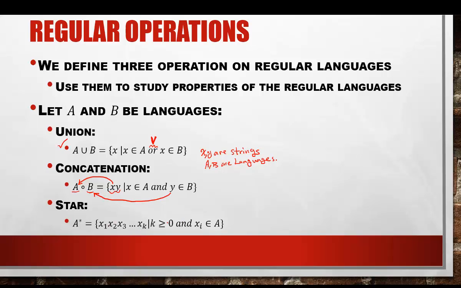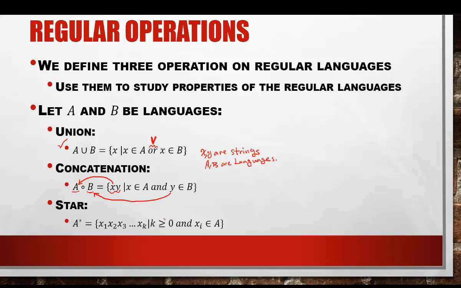If you pick k as 1, it's every single string in your set. If you pick k as 2, it's every 2 strings concatenated in your language. If you have k equal 3, then every 3 strings in your original language concatenated. And it goes to infinity, which means that you concatenate every string with every other string in any kind of combination to create this A star.